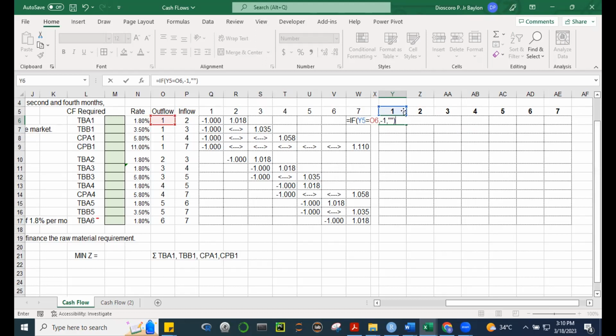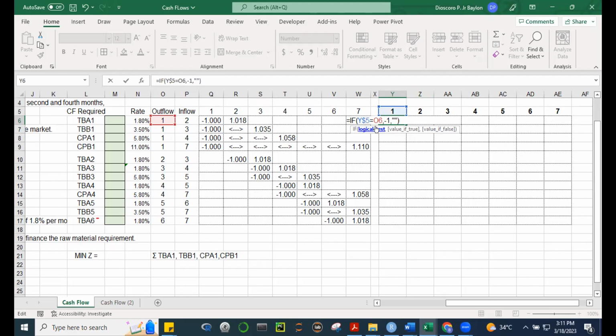It can move to the other columns, yes, it can move to Y, it can move to Z, but it should not leave row 5. Therefore, what we need to fix here is row 5, so that should be $5. If you put $5, then it can move to the other columns, but it cannot move off row 5.